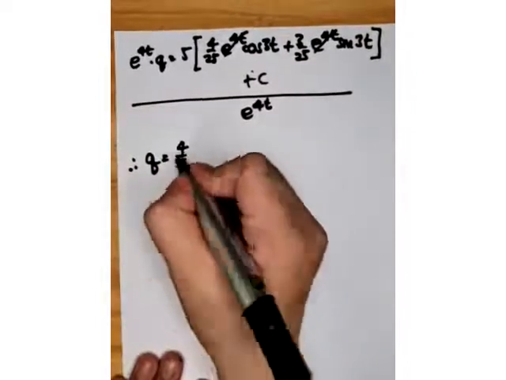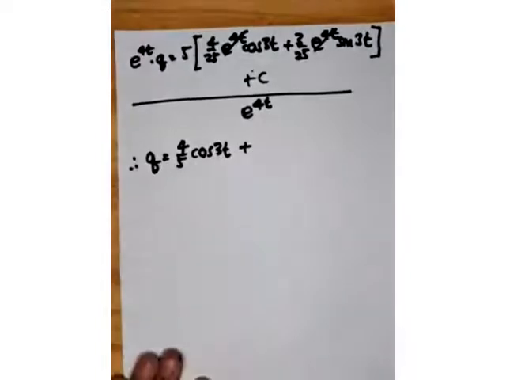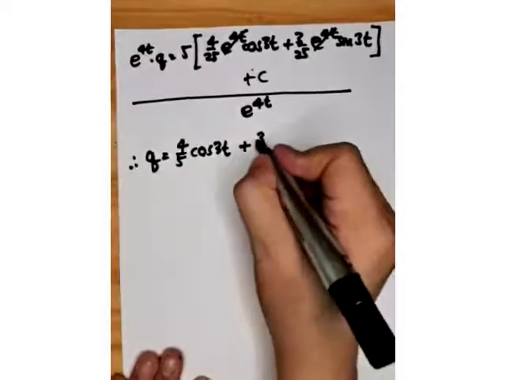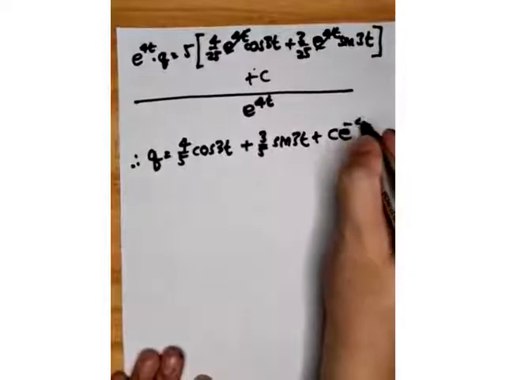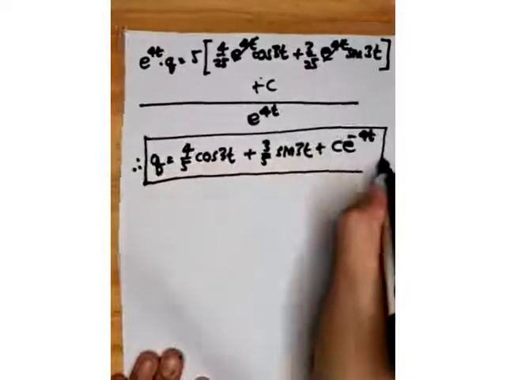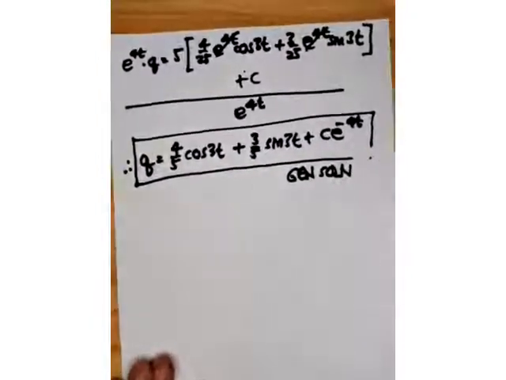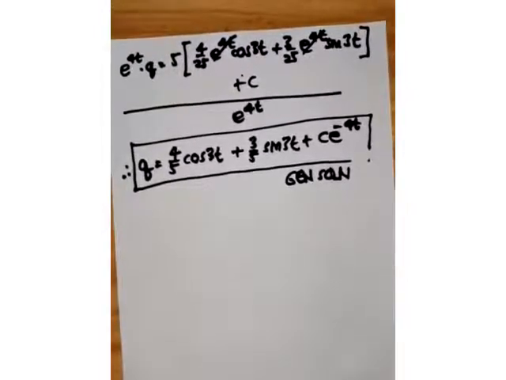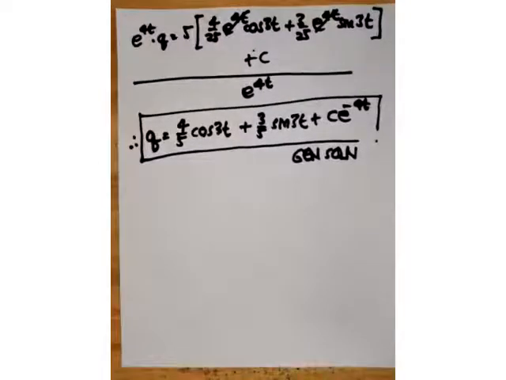So 4 over 5 cosine 3t plus 3 over 5 sine 3t plus c e raised to negative 4t. So this is our general solution. Okay? Can you imagine if you had a test like this, integration by parts?